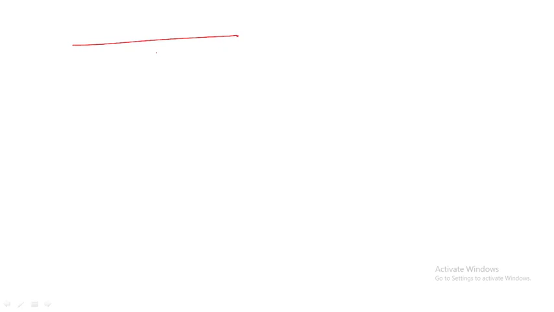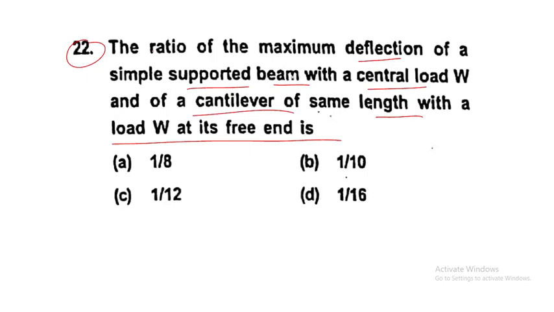Deflection of a simply supported beam carrying a point load: this is the simply supported one with the point load. This is L by 2, this is also L by 2. What is delta A? So this is the elastic curve.